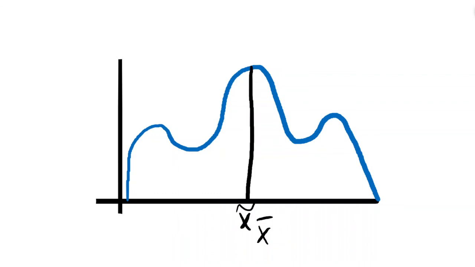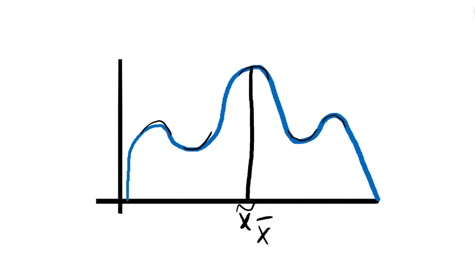But then the mode. Well, I said before that the mode is the highest point, and that is not actually true. The mode commonly refers to all the local maximums. What are the local maximums? Well, if we look here, we have a curve, and here we have a curve, and here we have a curve where it changes which direction it's going, if it's going up or going down.